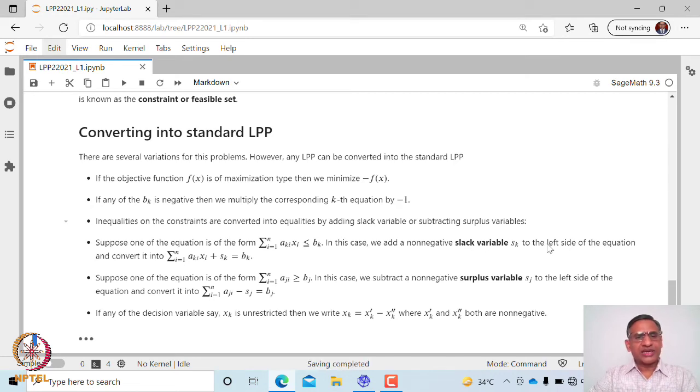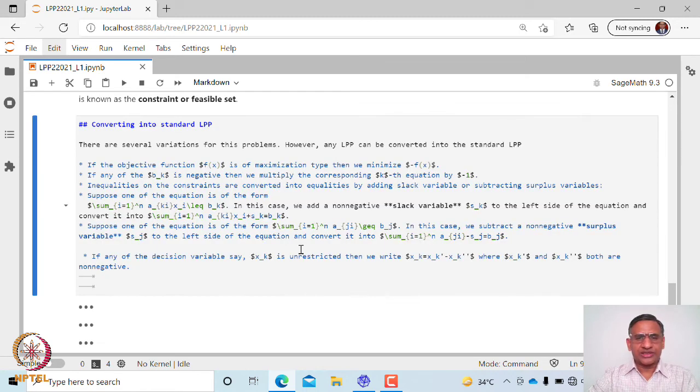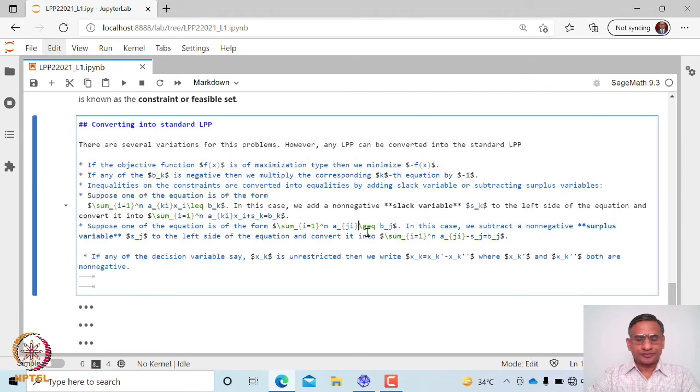Similarly, in case one of these equations, let us say the jth constraint, is greater than equal to, again here there is a typo, this should be xi, and similarly here also xi.